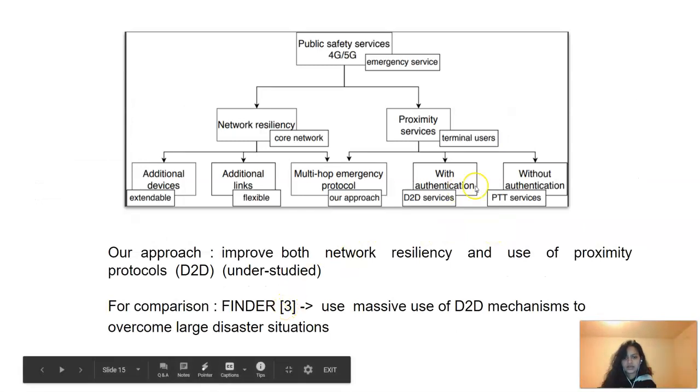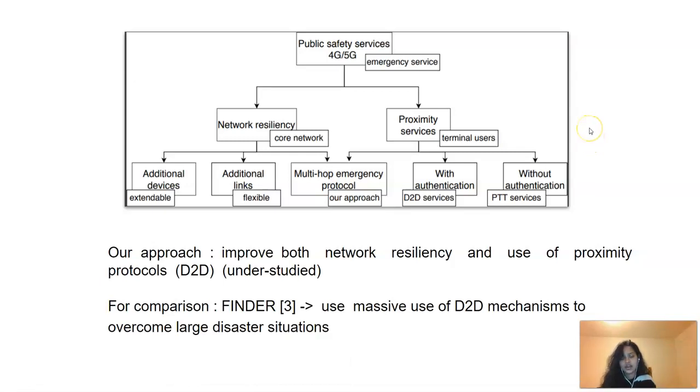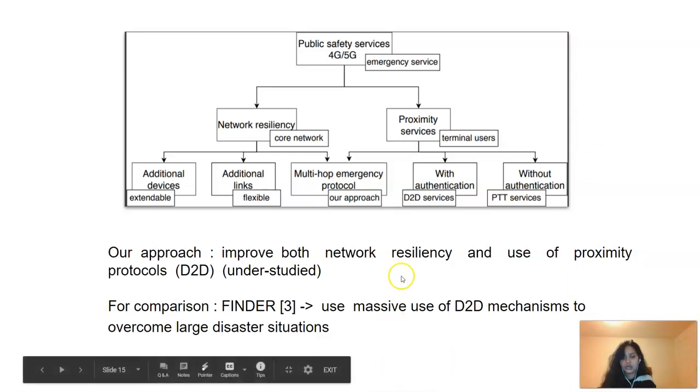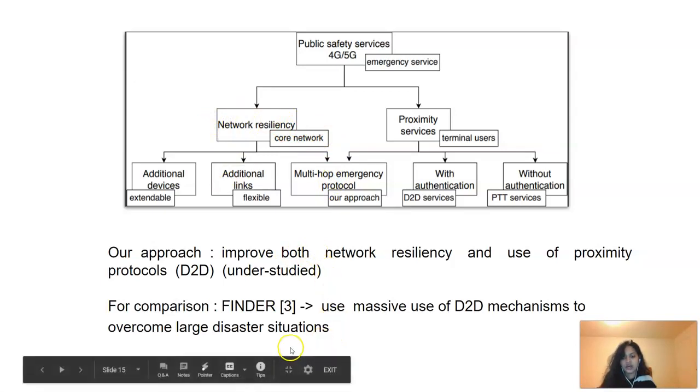And then this figure shows how the research works related to public safety service providing are classified. In our approach, what we are trying to achieve is both network resiliency and an improvement in proximity services, specifically enhancing the D2D technologies to improve the network resiliency under a large disaster scenario.